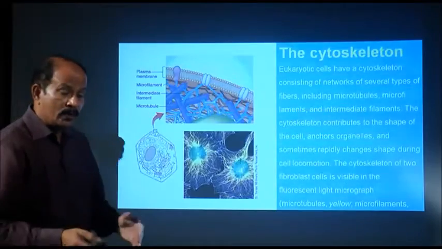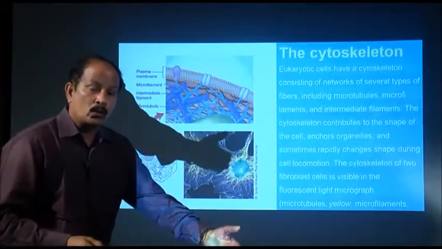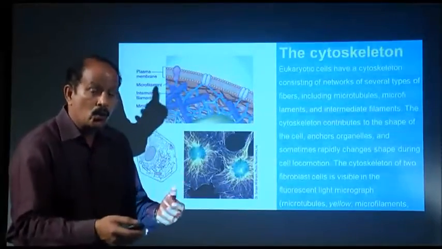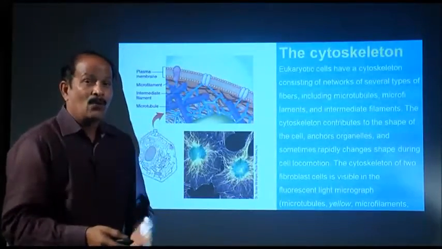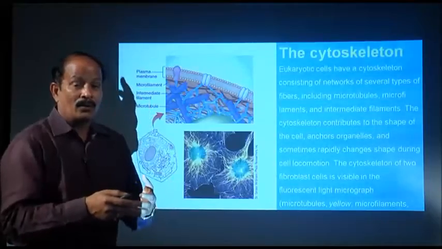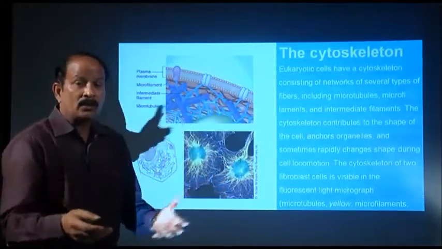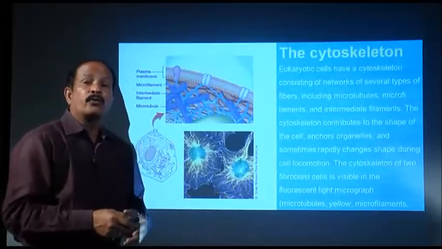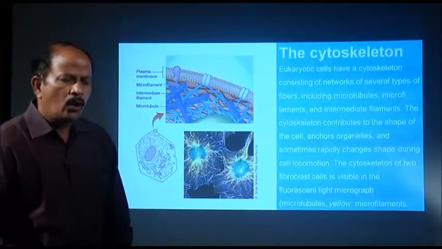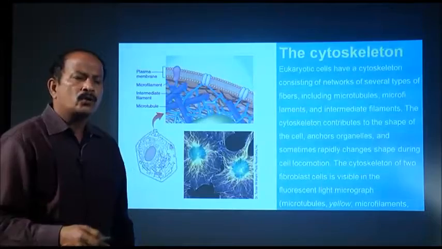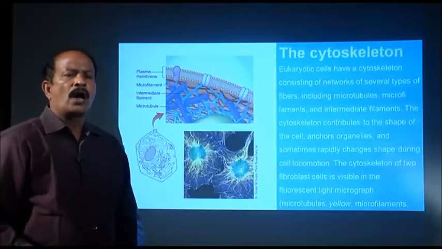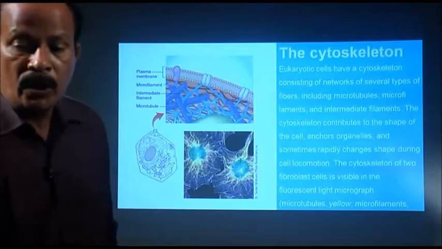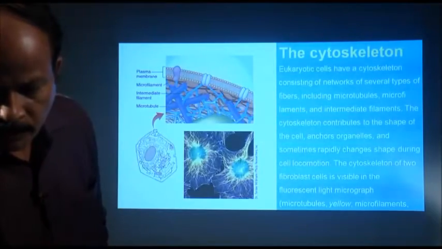So, video cinematography, fluorescence microscopy and electron microscopy helped scientists to study what the cytoskeletal components are, how they are present within the cell, what they do, and other functions were revealed. So, a lot of information was obtained on cytoskeleton after 1960 when fluorescence microscopy came into being.